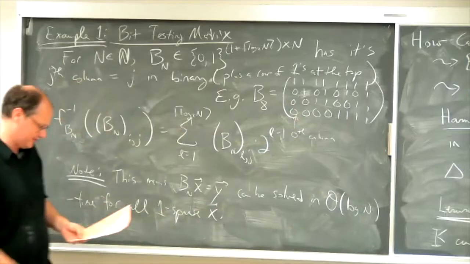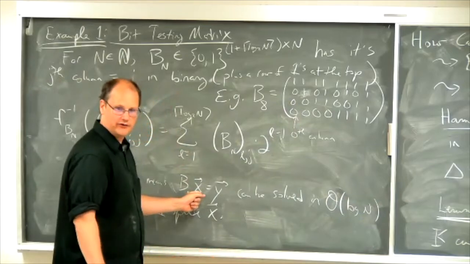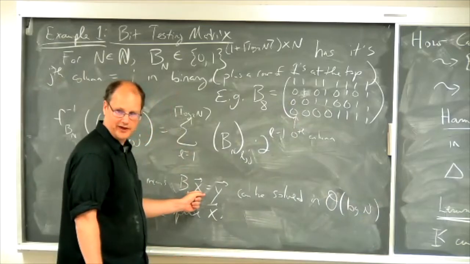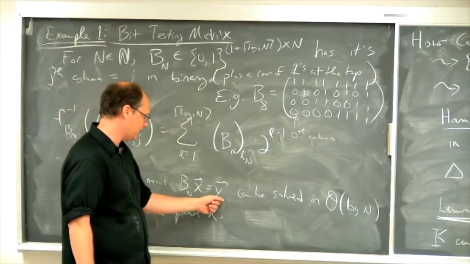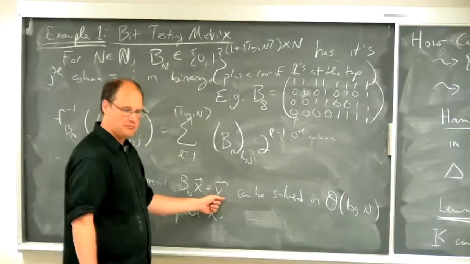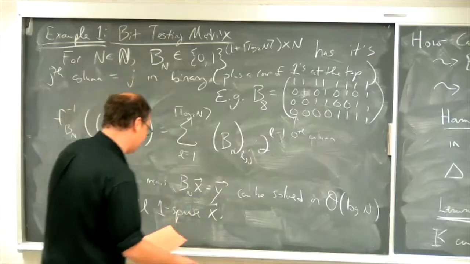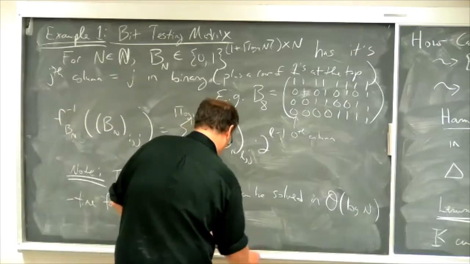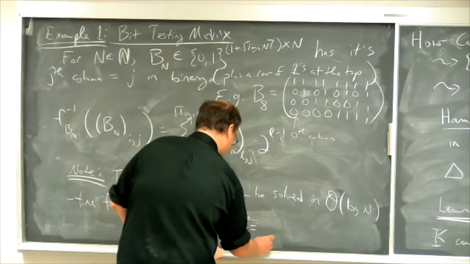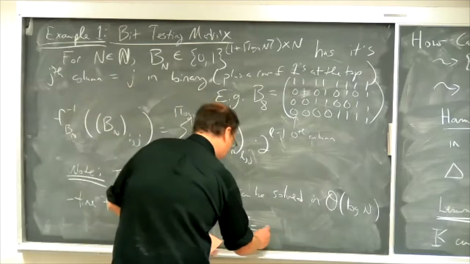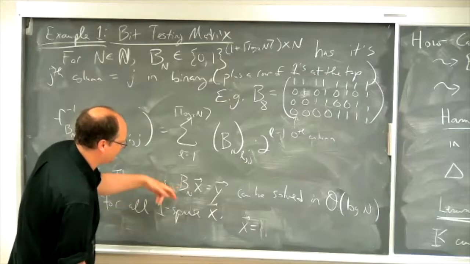So why is that? Because if x is one-sparse, it's just going to be a multiple of a canonical basis vector, and it's going to pick out a column of B_n. And so y is going to be some multiple of a column of B_n. Let's say the non-zero entry has size gamma.